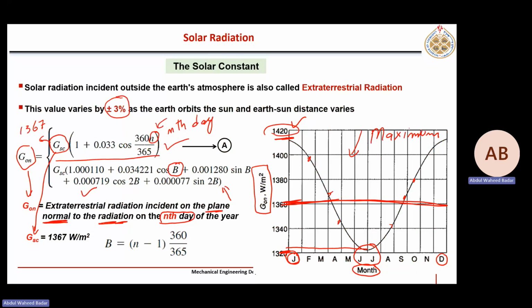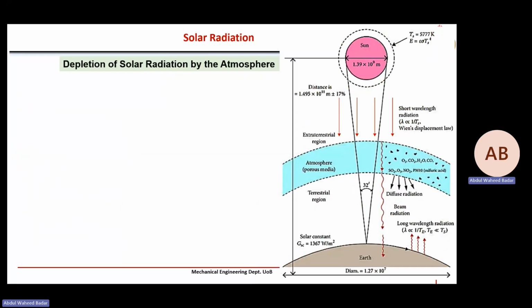But once this reaches around the earth, then what happens? That is explained in the next slide. So the solar radiation gets affected because of various gases, because now this is, for example, the earth atmospheric boundary around the earth.